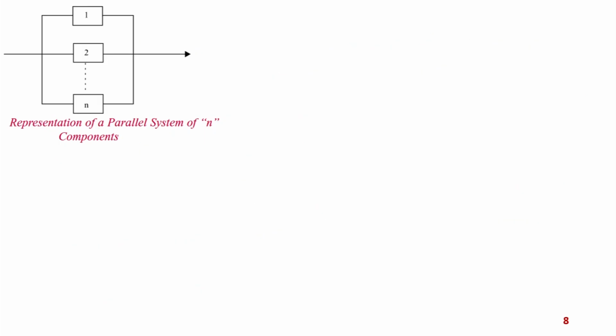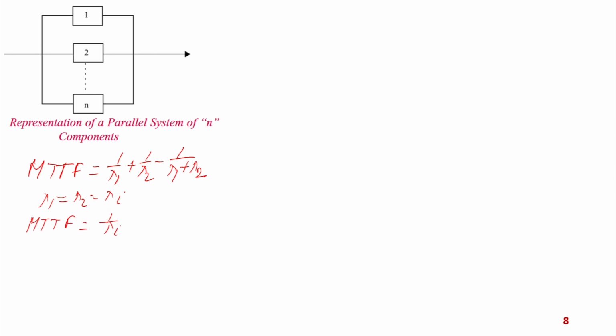So, this we did for 3, and for 2 also I wrote that MTTF, we found it is 1 by lambda 1, then 1 by lambda 2, then minus 1 by lambda 1 plus lambda 2. Okay. So, if I use lambda 1 is equal to lambda 2 is equal to lambda I, then MTTF for 2 will be equal to 1 by lambda I plus 1 by 2 lambda I.